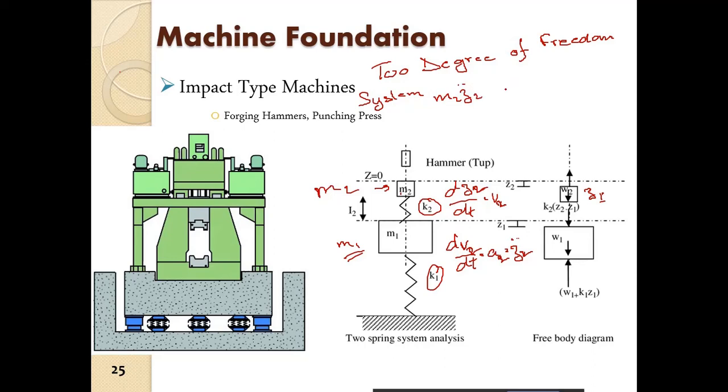Now, what are the forces acting on that? If this mass moves a distance z2 and simultaneously this mass moves a distance z1, what is the compression in the spring K2? That will be z2 minus z1.